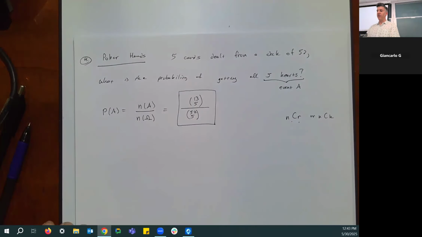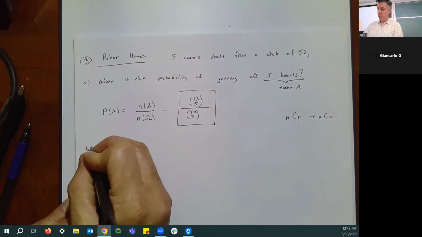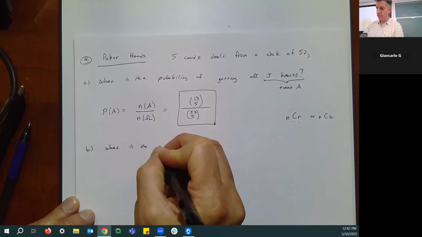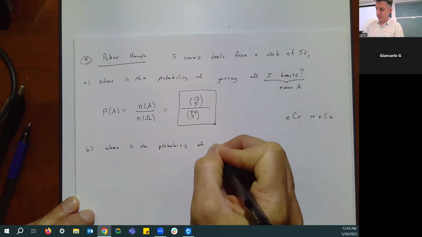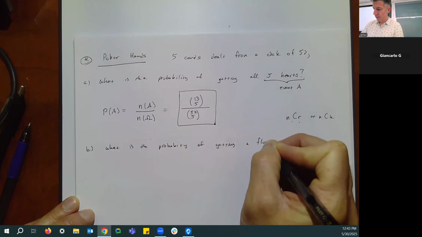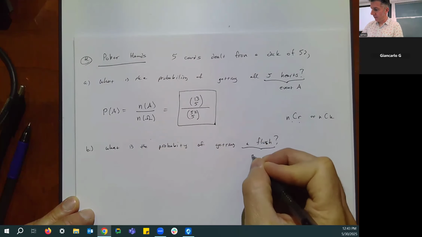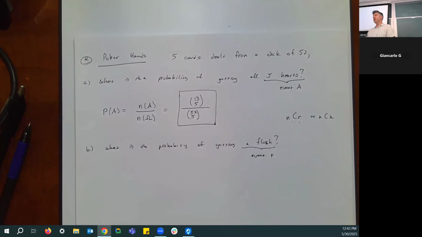Okay, slightly different question. What's the probability of getting a flush? Let's call that event F. Well, to get a flush, it doesn't have to be all hearts.